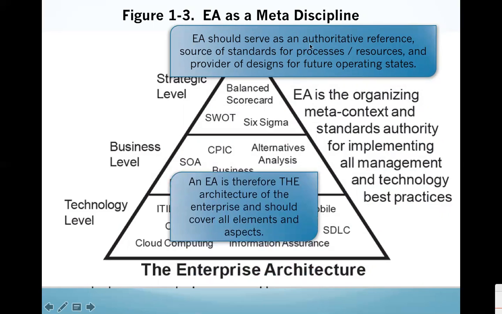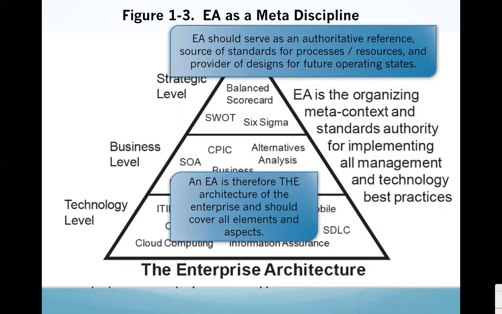EA should serve as an authoritative reference. So you'll hear people talk about the reference architecture. That is what the organization has decided for a given function: we are going to use this set of tools to support that. It's the reference architecture.